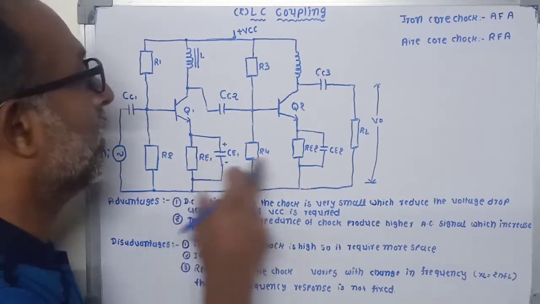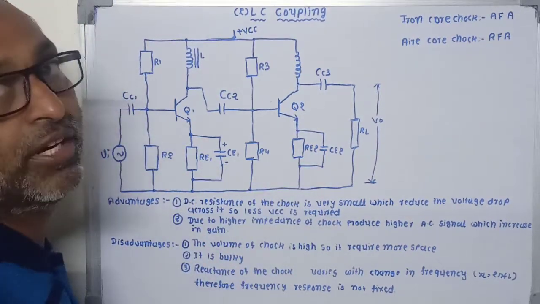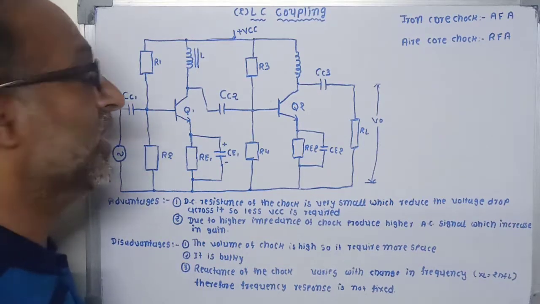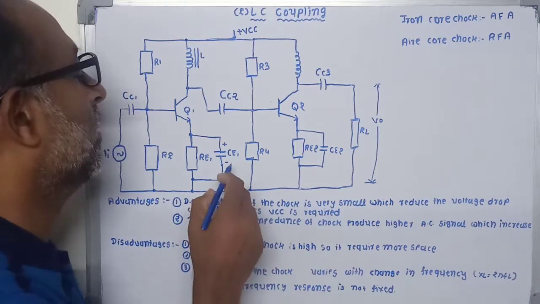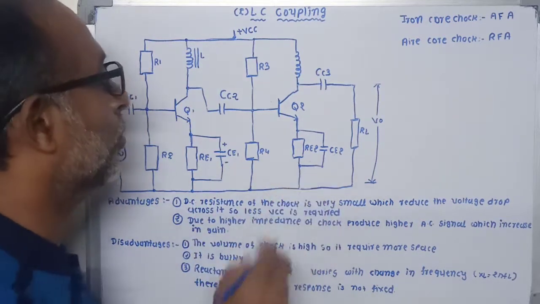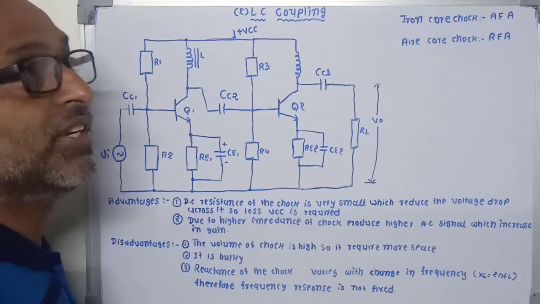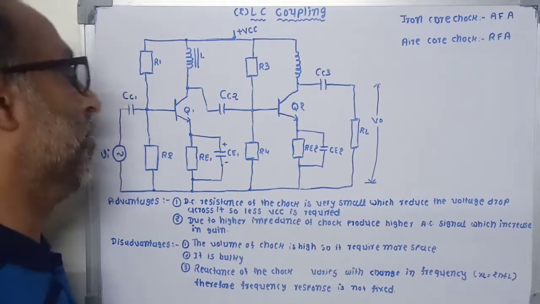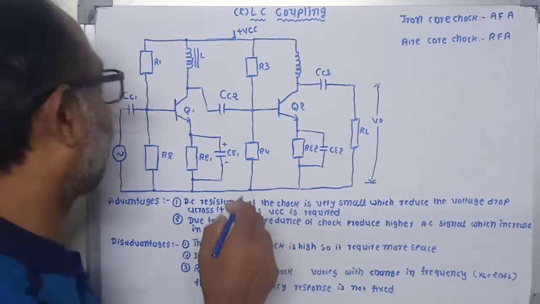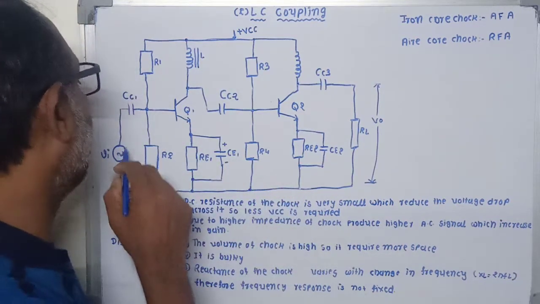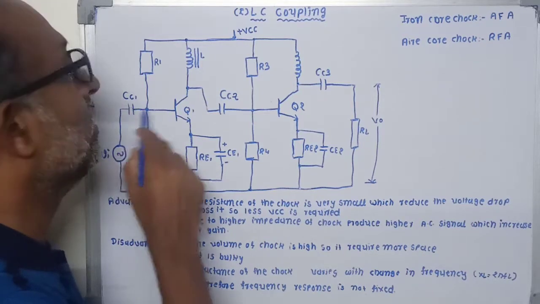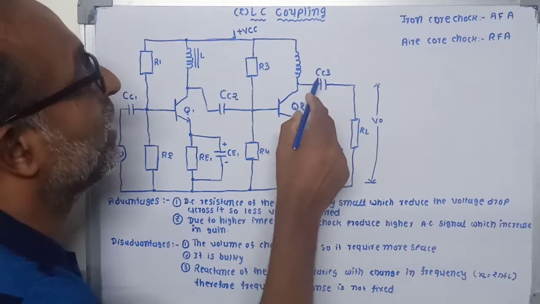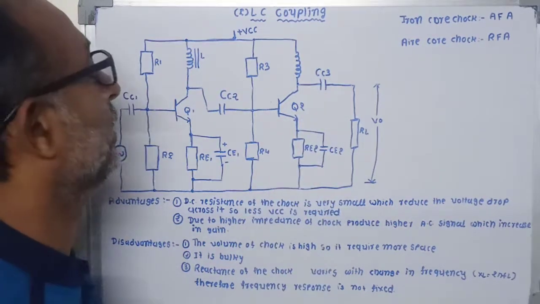Similarly, RE1 and RE2 are the emitter resistances, which are used to improve the stability of the amplifier, and CE1 and CE2 are the emitter capacitors, which are used to compensate the reduction of the gain of the amplifier. The input signal is connected through the coupling capacitor C1, and the output load is connected through the coupling capacitor CC3.